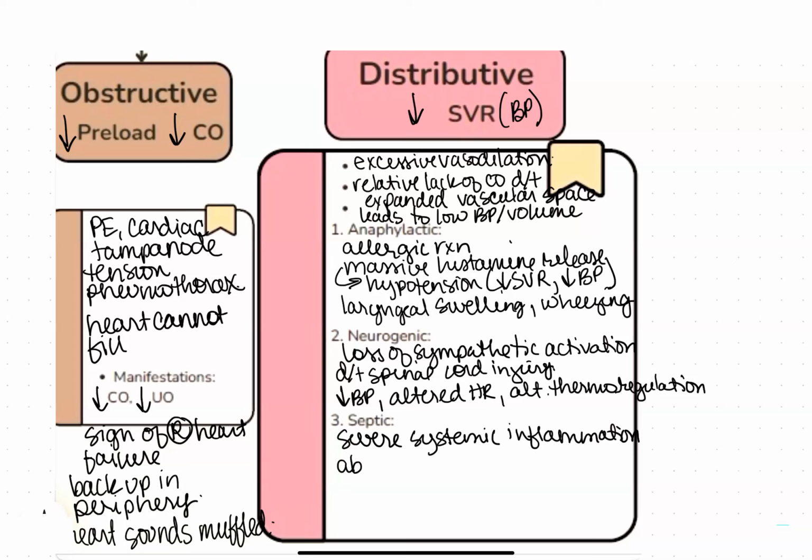So basically, blood is going to the wrong locations. What we see is blood actually goes to the extremities. And really, blood should be going to the vital organs, the brain, the heart, the kidneys, but instead, blood is sent to the extremities.